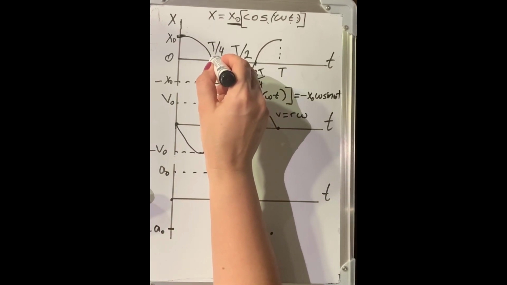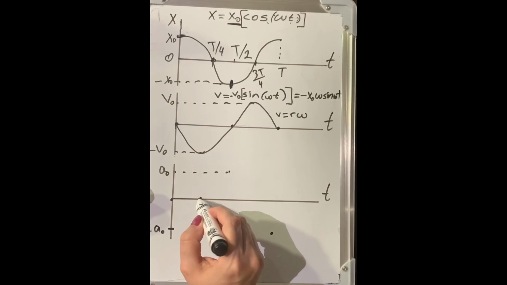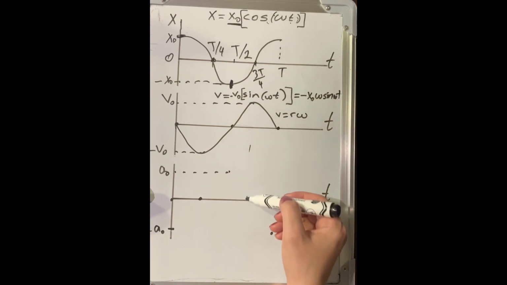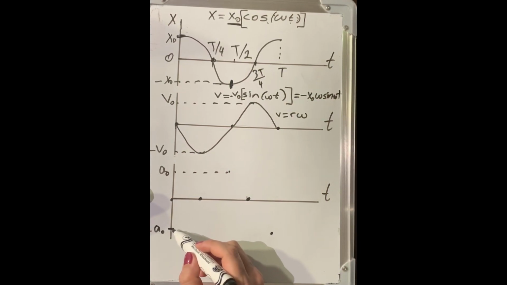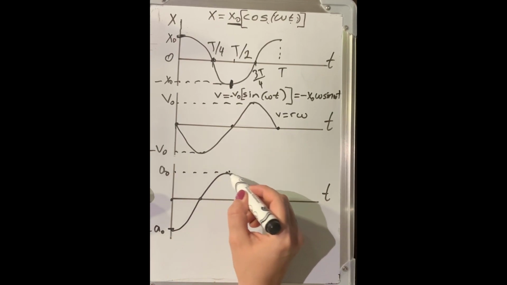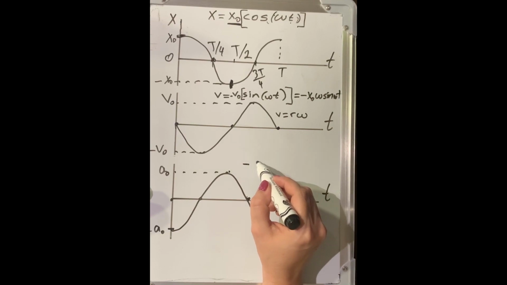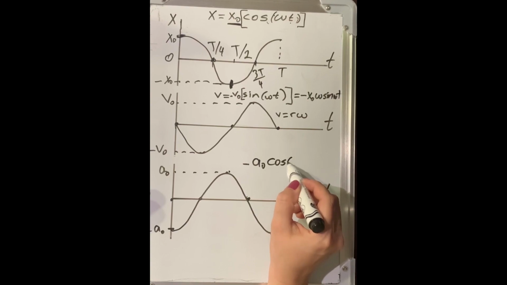At quarter period, it's at equilibrium position where its acceleration is 0. At 3/4, again, it's at equilibrium position where its acceleration again is 0. When you connect all those points, you get a negative cosine function.